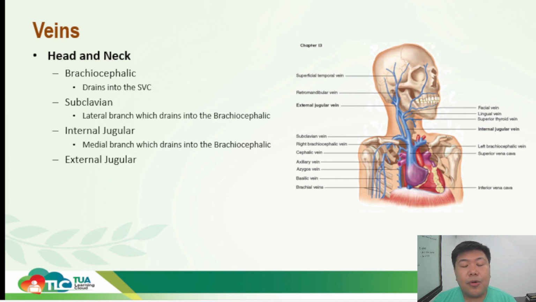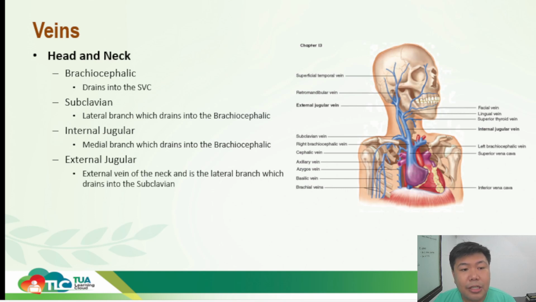Okay? So, for the arteries, the brachiocephalic branches out into the right common carotid and the right subclavian. But for the veins, there is no more carotid. It becomes subclavian and internal jugular. Okay? So, both the subclavian and the internal jugular vein will supply blood to the brachiocephalic and then brachiocephalic to the superior vena cava.